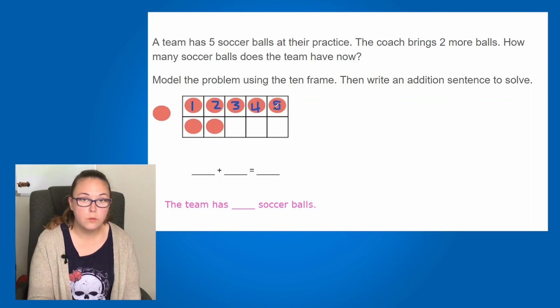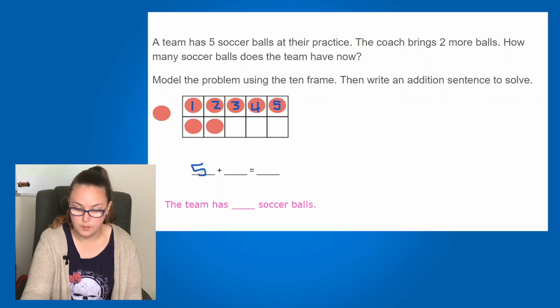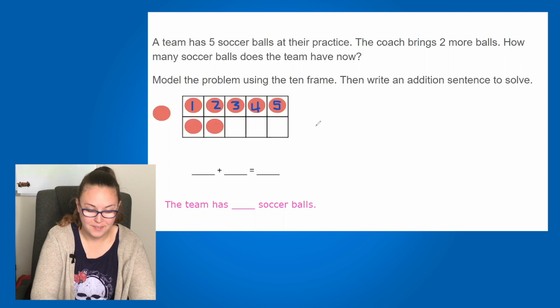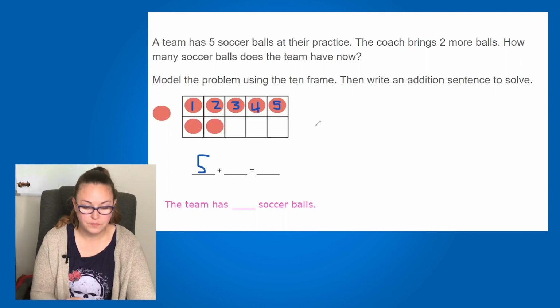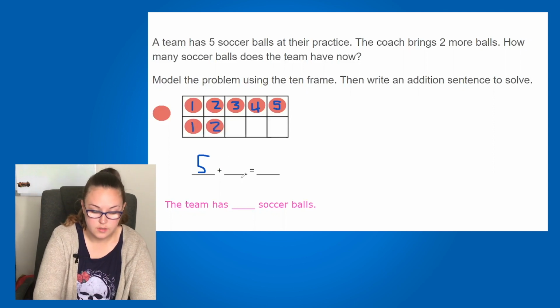So in one full row of a 10 frame, there are 5 counters. Whoops, I'm going to undo that and try again. 5 counters. Now we have to count the number of red counters in the second row. How many are in the second row? 1, 2. So I'm going to add that to my number sentence, 5 plus 2.